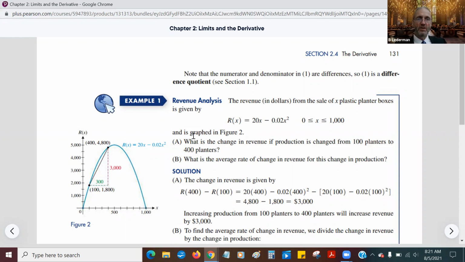What is the change in revenue if production is changed from 100 planters to 400 planters? I'm selling 100. That's 100 right here, and here I'm selling 400. So what is the change in revenue? The change in revenue is I'm going from 1,800 up to 4,800.